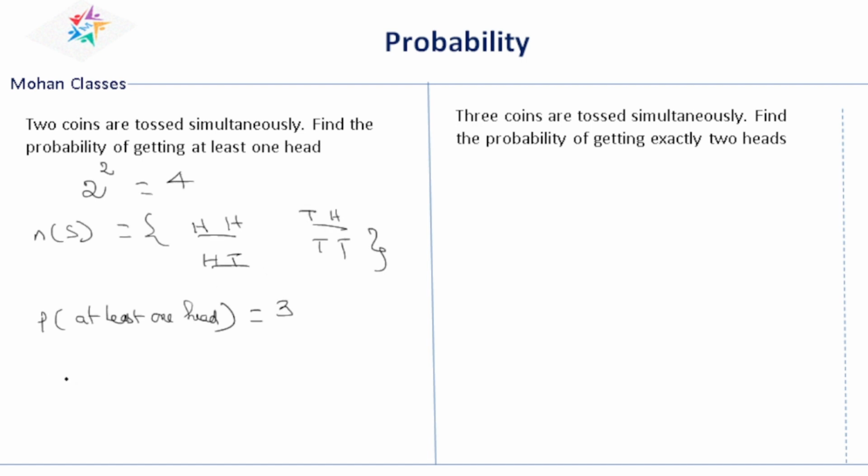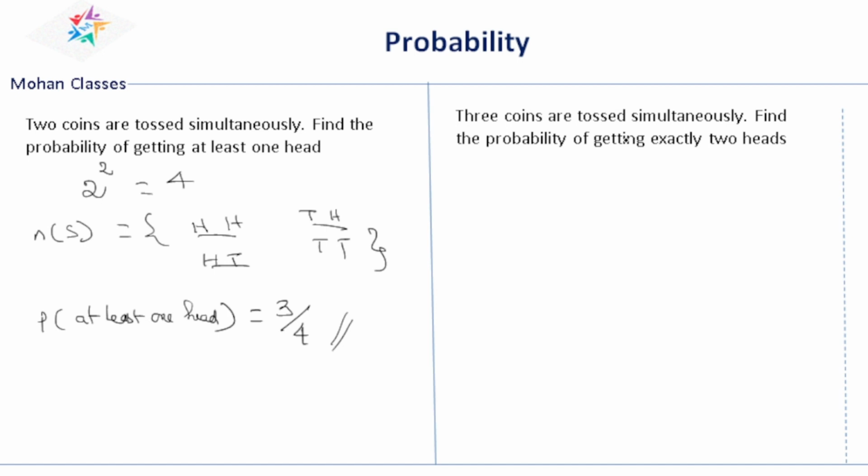Therefore, the probability of at least one head is 3 divided by 4, right? Understand? So first we have to write the possible outcomes and then the sample space. The sample space is the actual output that we are going to get. So this divided by that, okay.